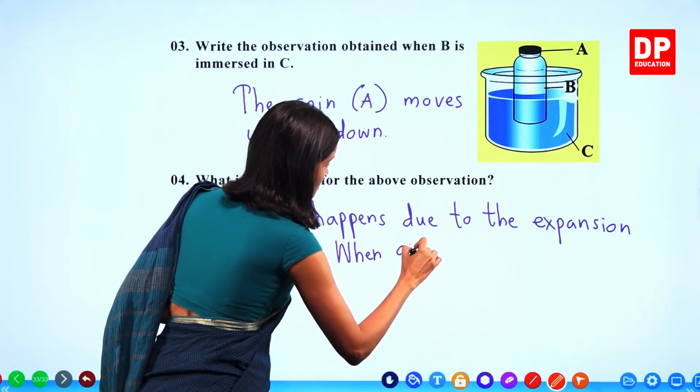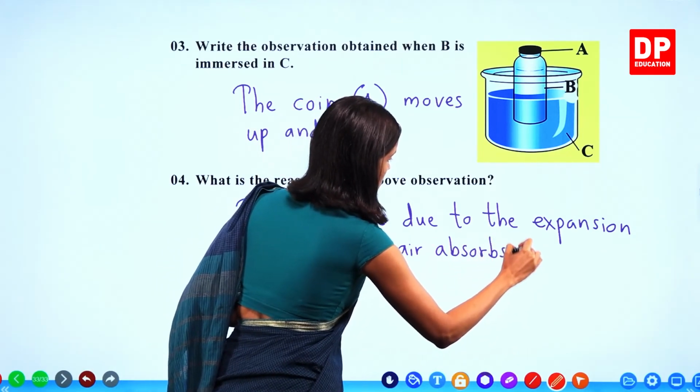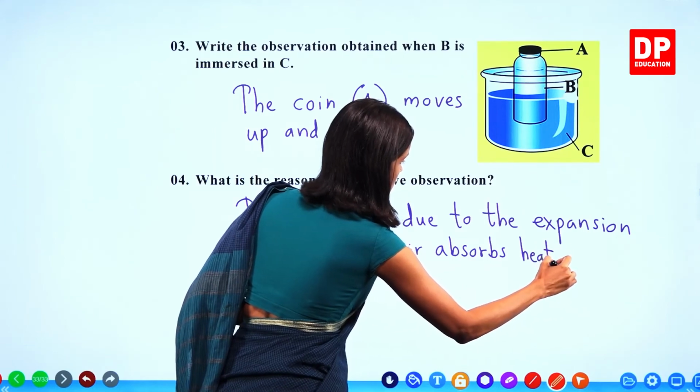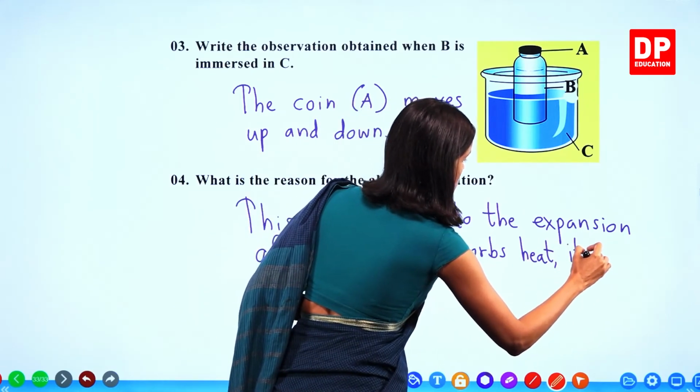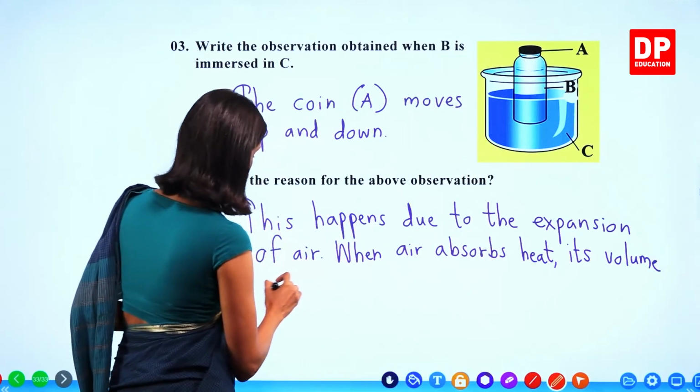When air absorbs heat, its volume increases.